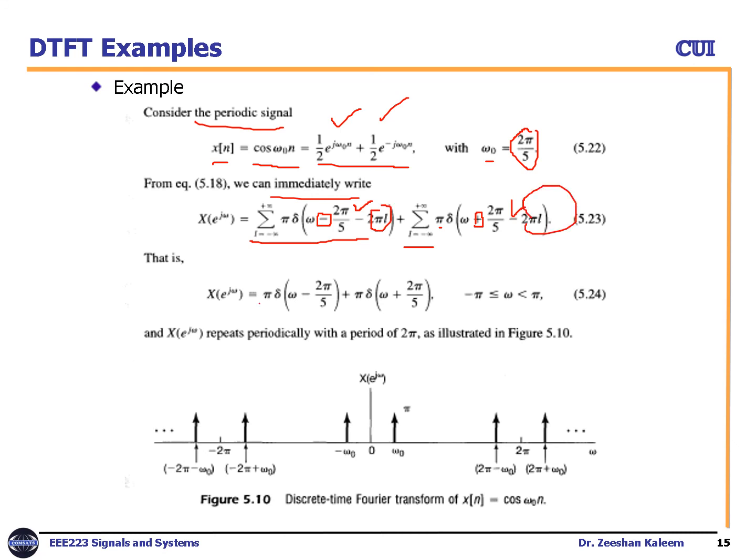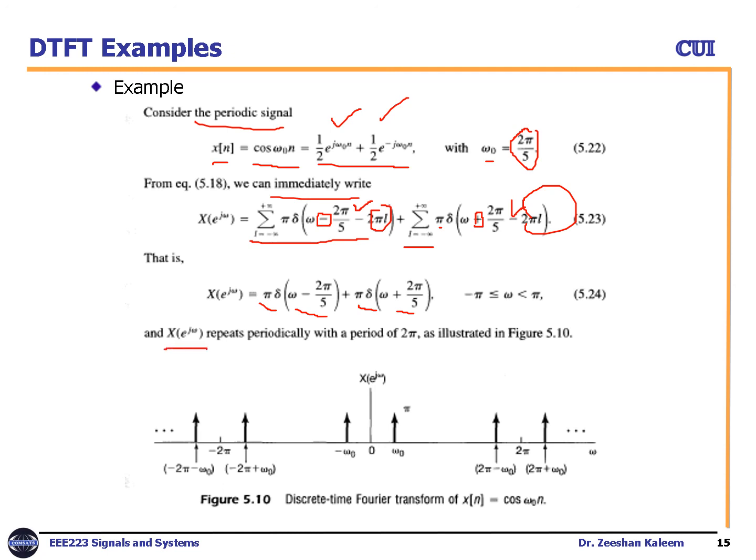So what we get is pi delta(ω minus 2 pi by 5) plus pi delta(ω plus 2 pi by 5), because we don't have any other term, only the L equals 0 term, since we have only two coefficients, a1 and a minus 1, each equal to 1 by 2.